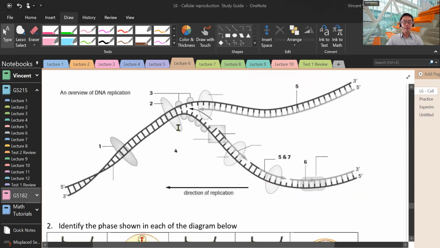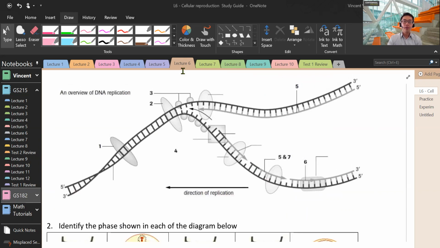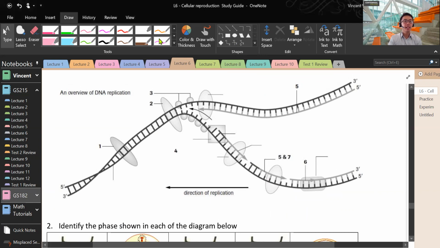All right, so this diagram, at the very end, let's take a look here. What number represents the helicase? Can someone tell me what number here represents the helicase? Number 2?